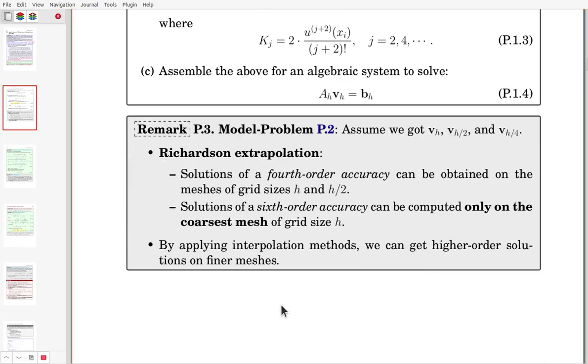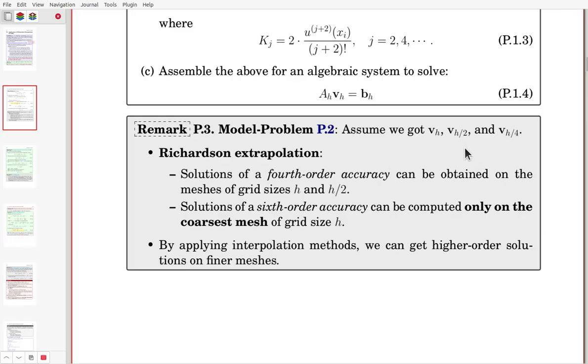Okay, let's see this remark. In the model problem, we assume we have three different solutions on three different meshes: VH, a finer one, and one more finer one.